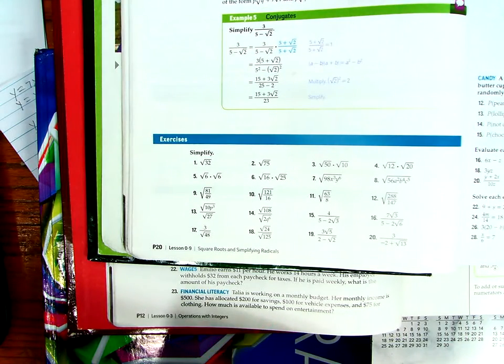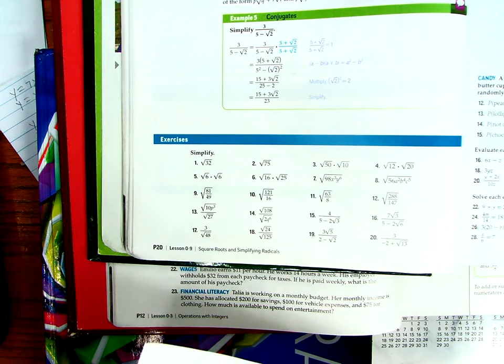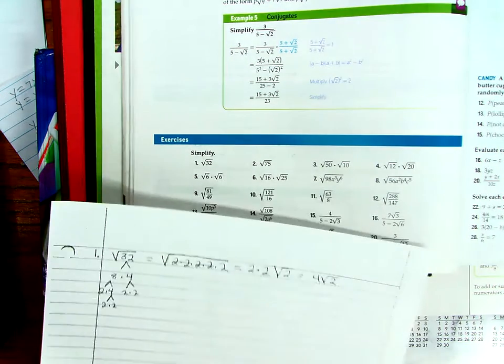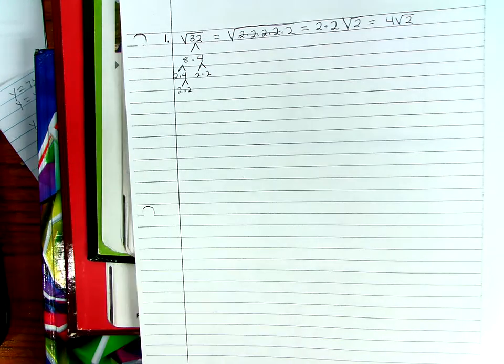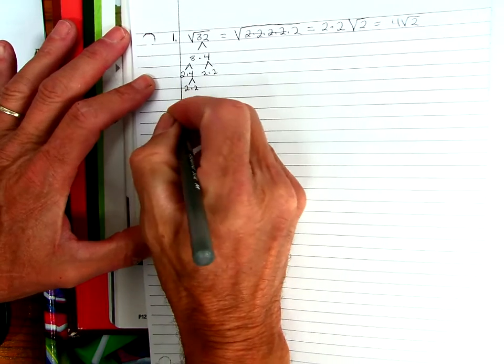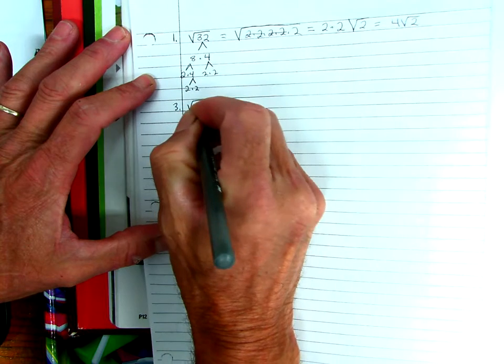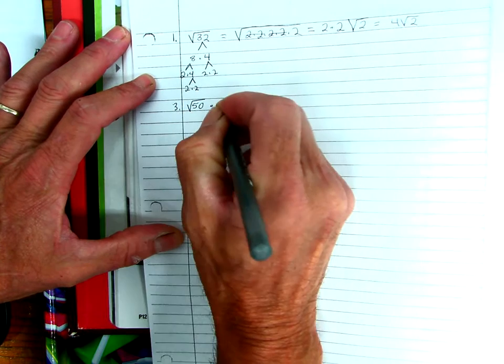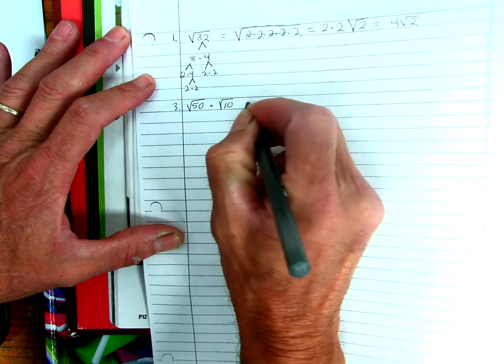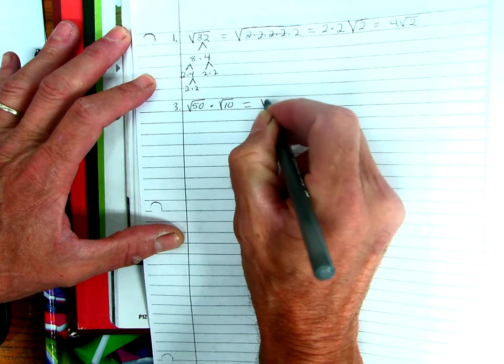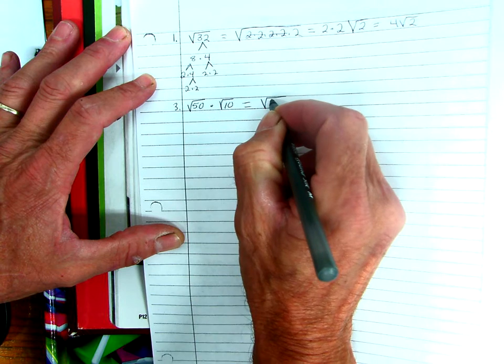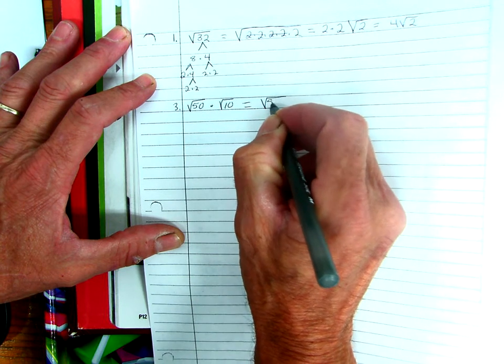Number 3. Square root of 50 times square root of 10 equals square root 500.